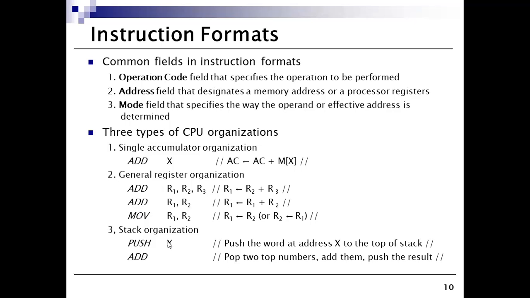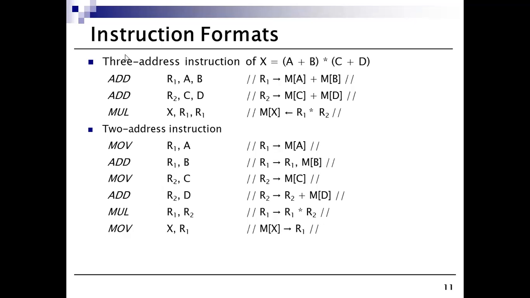Okay, and if you come to stack, there is only one address that specifies the word, the address of the memory to be loaded onto top of stack, or else to be updated with the element popped out from the stack. Okay, so based on the three types of CPU organization, how a simple instruction is evaluated can be explained in the next class.